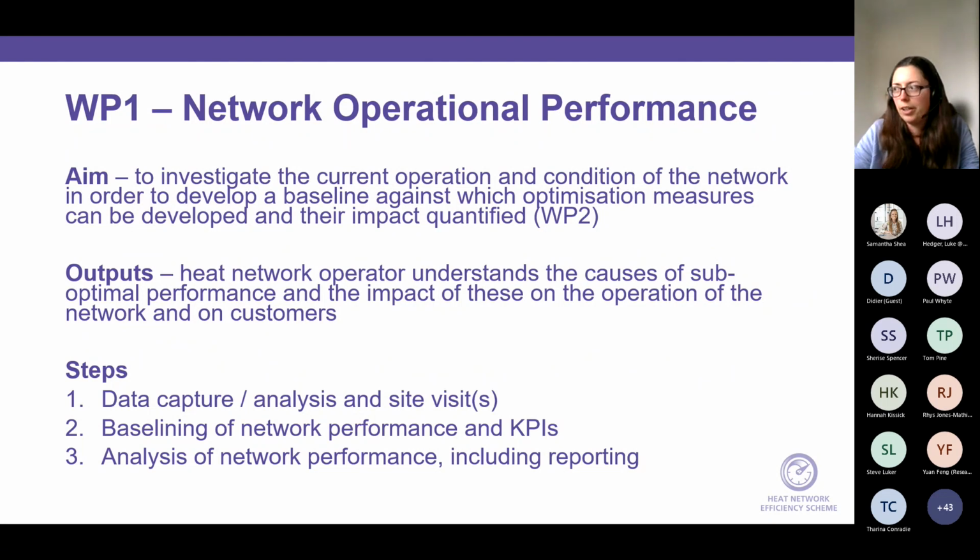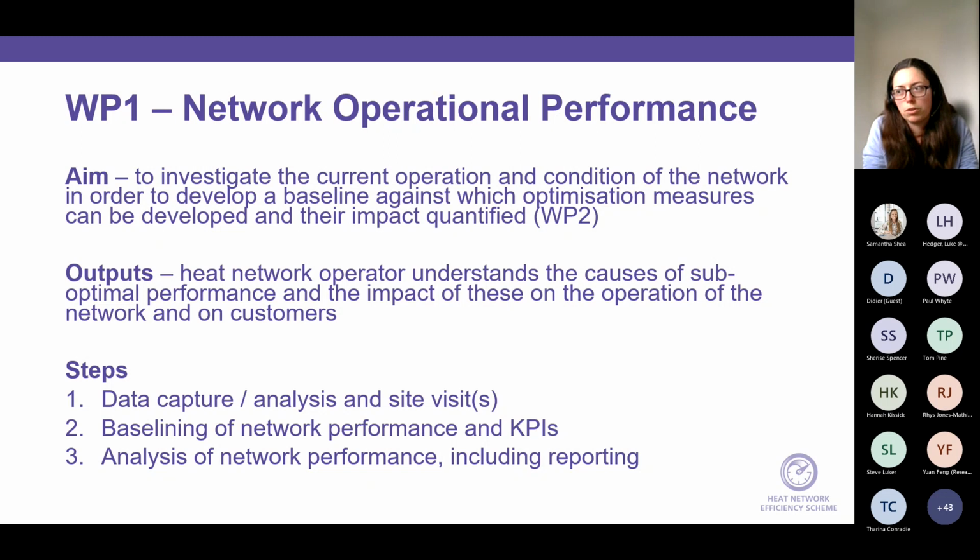of work package 2. So the outputs of work package 1 are that the heat network operator understands why they have a suboptimal performance in their heat network and what the impact of this is on their heat network and their operations. So potentially that's on the operation of the heat network itself. So things around the amount of energy required to heat the heat network.